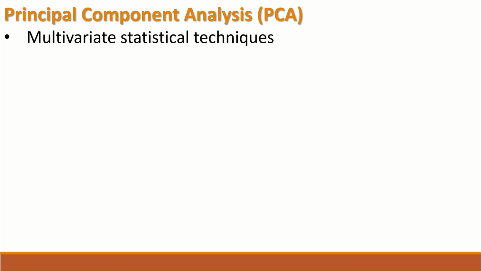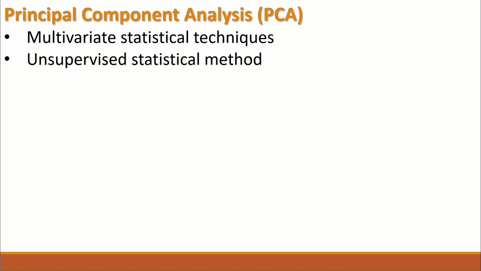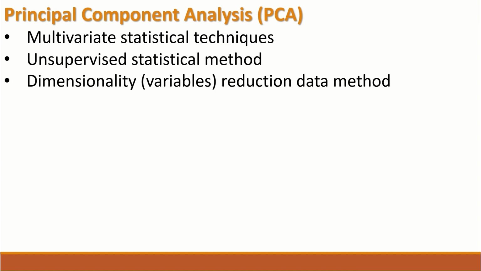Principal component analysis is a multivariate statistical technique or method that deals with data that consist of multiple variables or multiple items. It is an unsupervised statistical method. The objective of performing PCA is to reduce the number of variables in a data set.